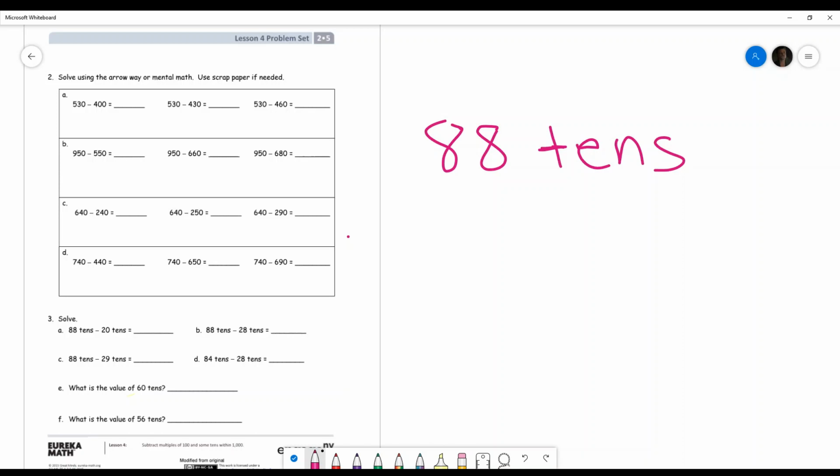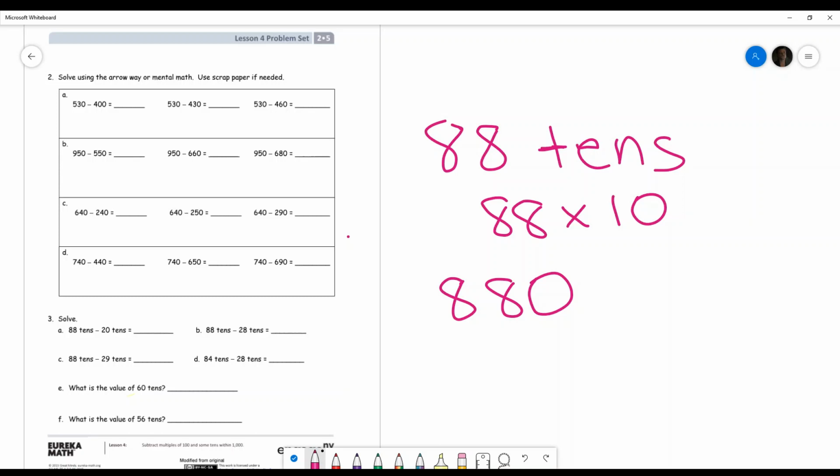Here you're multiplying 88 times 10. When you're making 88 tens, you're just adding a 0 at the end of the number. So your number would be 880.